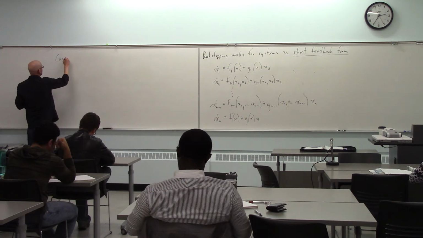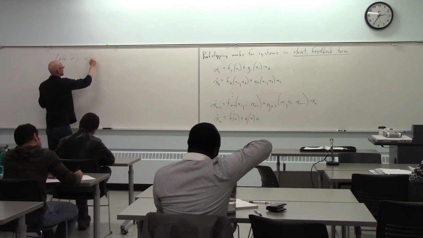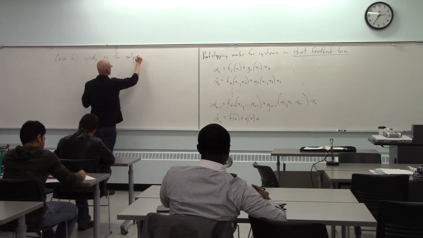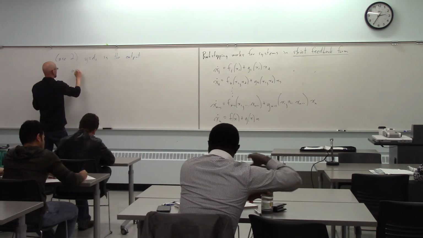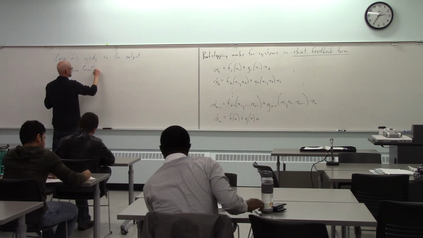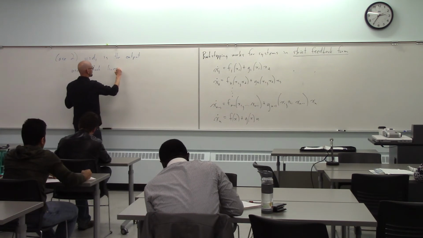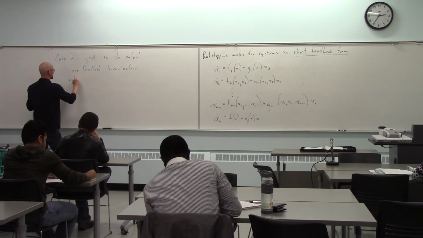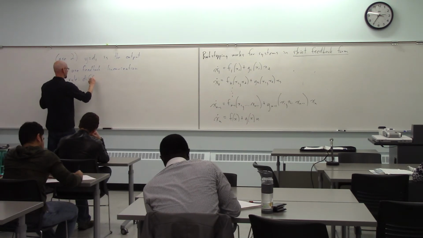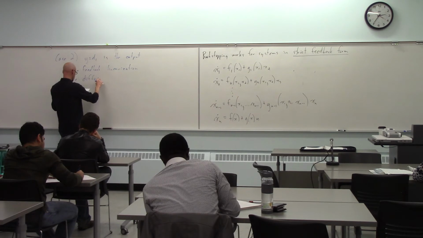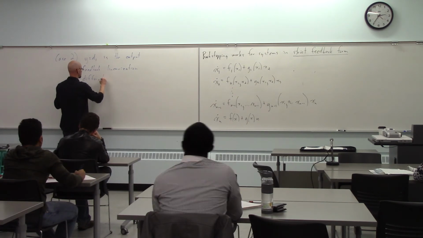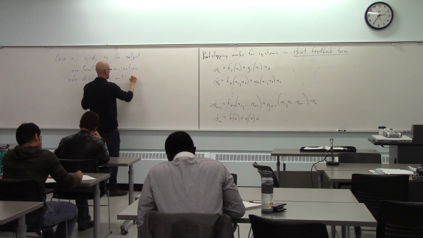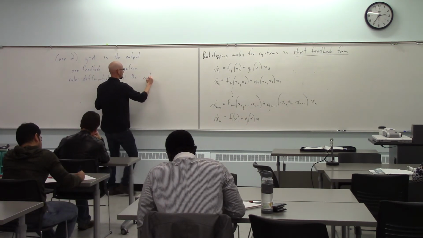So case 2 was where y equals d1 is the output. Use feedback linearization. So the rule in feedback linearization is to differentiate until the control appears.